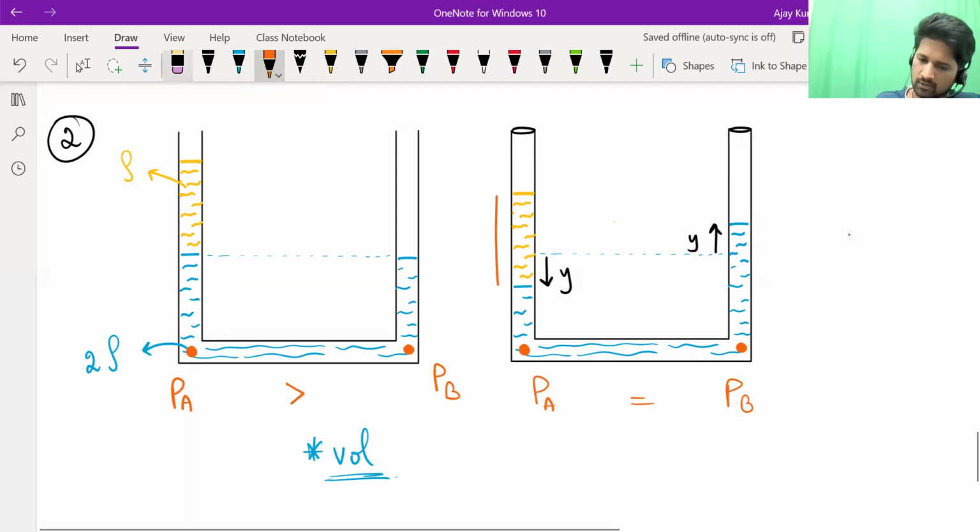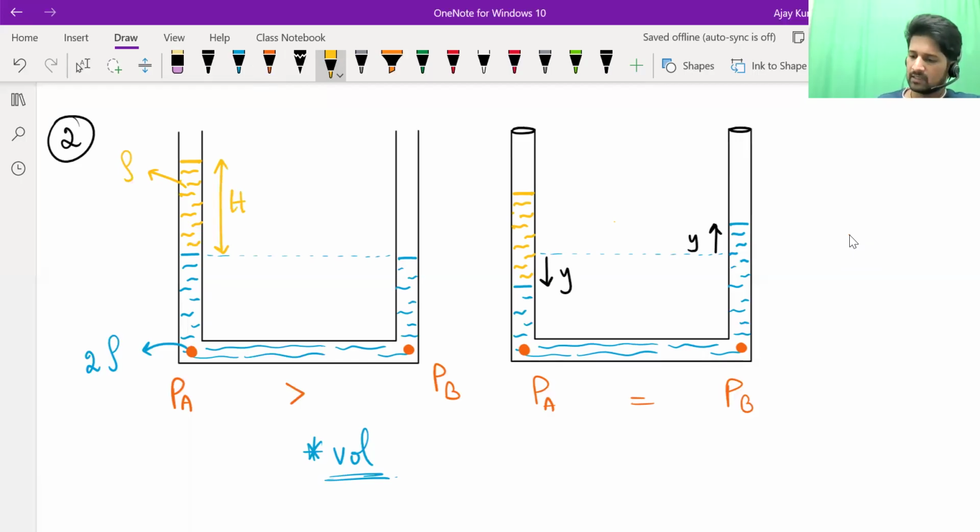Let's say the height of yellow liquid is capital H. I want you to find out the final difference in heights, or just find out y: how much will the blue liquid level decrease in one arm? Derive an expression for y. Try this, both of you.